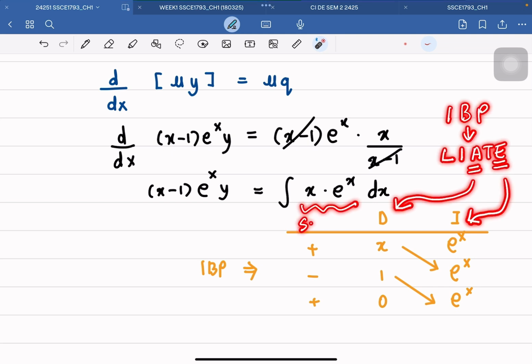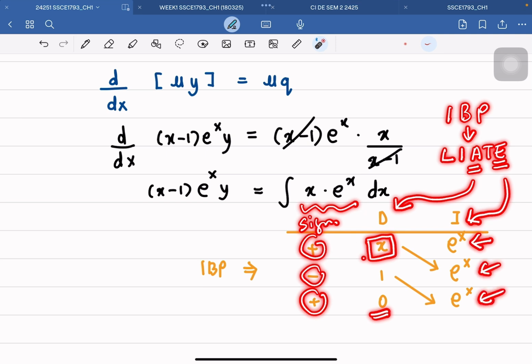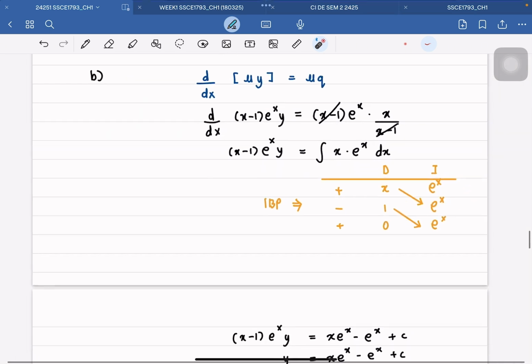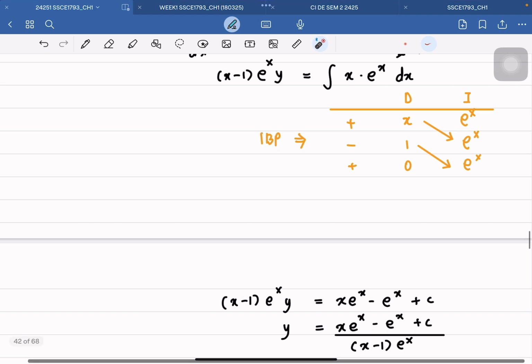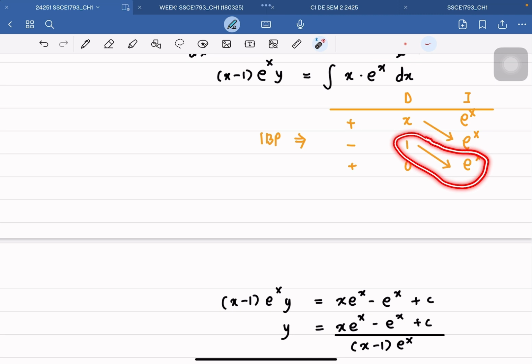For the signs, we start from plus, minus, plus, and then copy the algebraic function, which is x, and differentiate until we get 0. For the integration part, we integrate, following this until we get 0. Then following the arrows, x e^x minus e^x plus c.